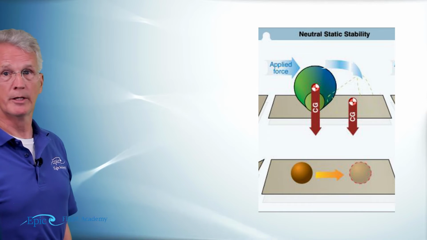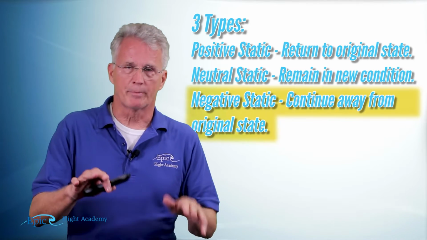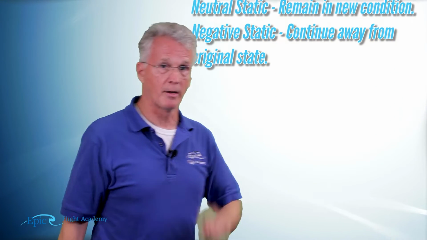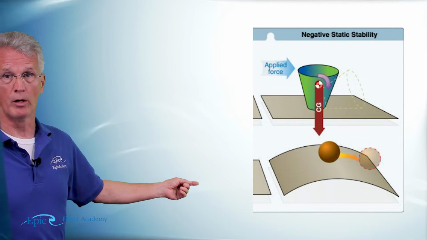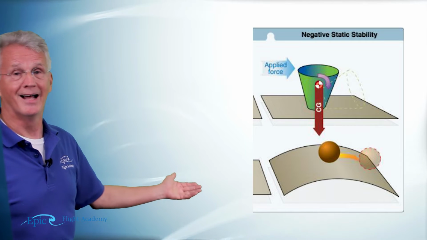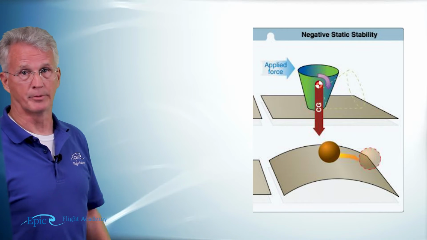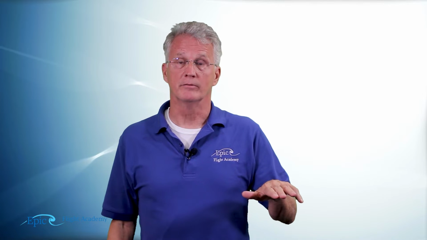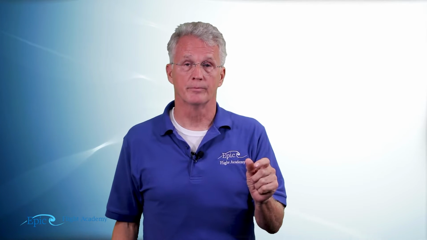That's the picture here in the middle. The third possibility is that aircraft, once it's upset, may continue in the direction that it's going. Think about that as the steel ball here on the outside of the hubcap. That initial tendency is what we call static stability. And that's it, just what it does initially.